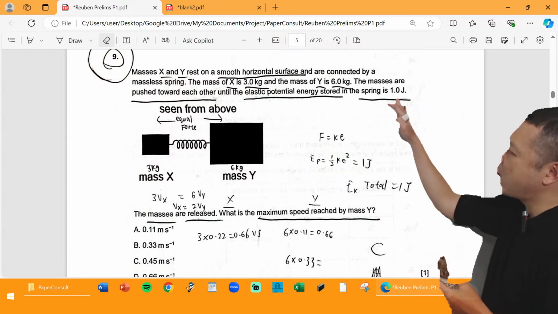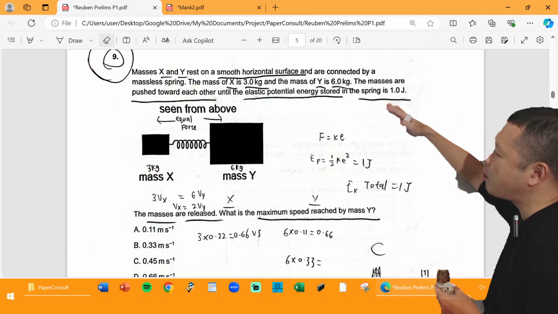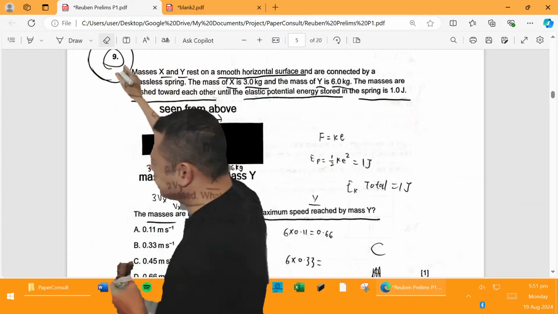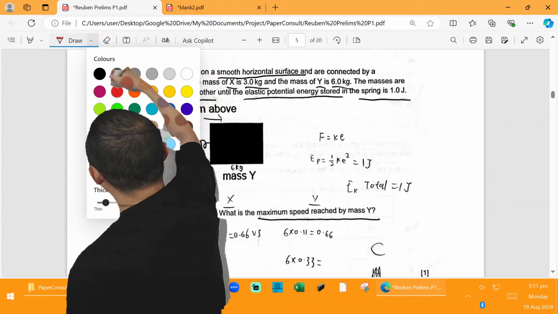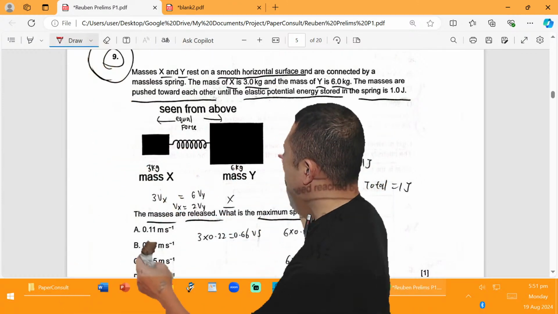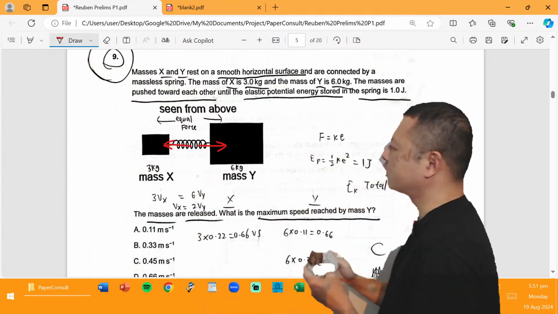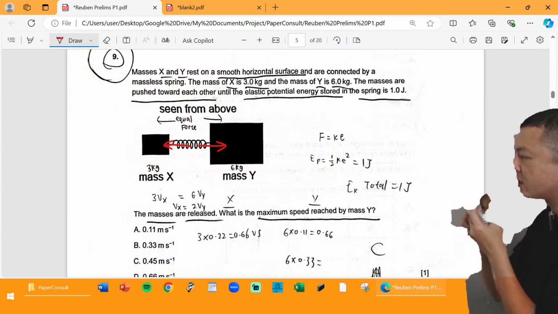I don't know whether the 1 joule will be of any help though. Hang on. When the spring is compressed, the spring will push the two masses away from each other, right?